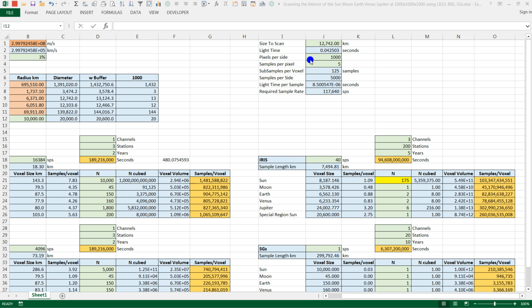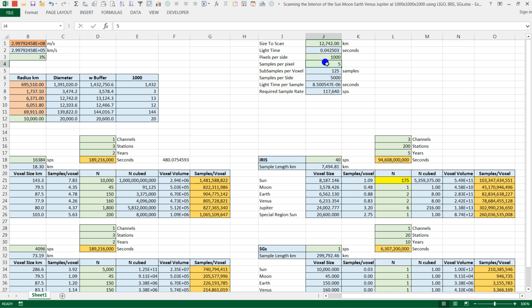And what I did was I said, what sampling rate do I need to get 1,000 pixels per side? I also want some redundancy, so what I'm going to do is sample it at 5,000 samples per side, and then double up.